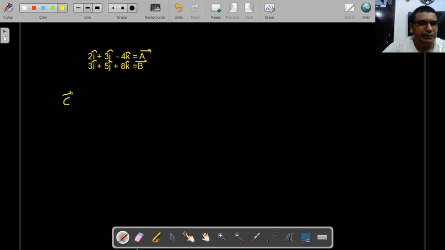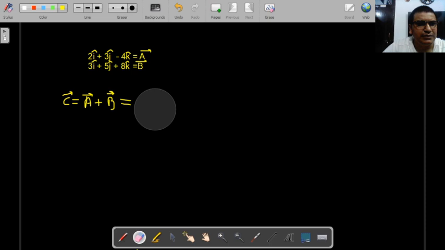So vector c is representing a plus b, vector a plus vector b. So we use the normal simplified method. There is no need to complicate it. Just write 2i plus 3j plus minus 4k. You can write all the vectors, and then plus vector b. So you can add the i component to i, that is 5i.